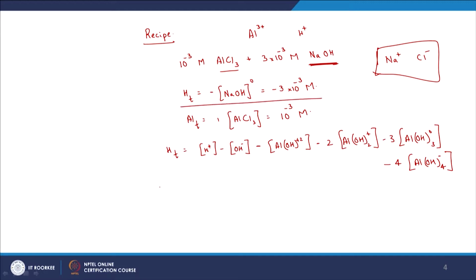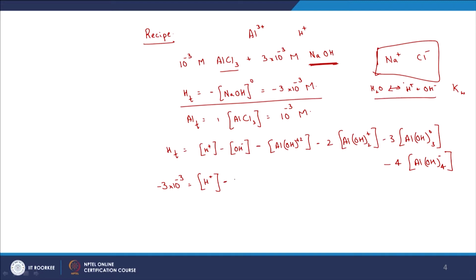And obviously what is H total here? H total equal to minus 3 into 10 power minus 3 molar, that's equal to H+. And how can I express OH- from our acid base chemistry background? We know that H2O will dissociate and will be in equilibrium with H+ and OH-. Kw will be the equilibrium coefficient for this particular water dissociation.